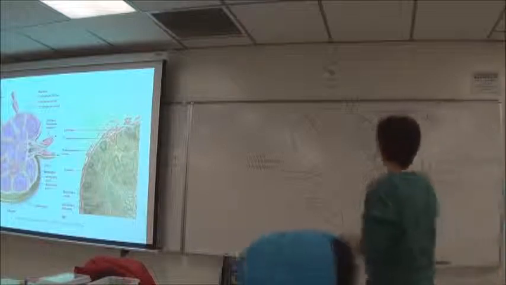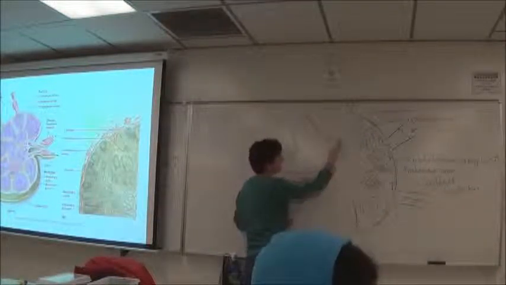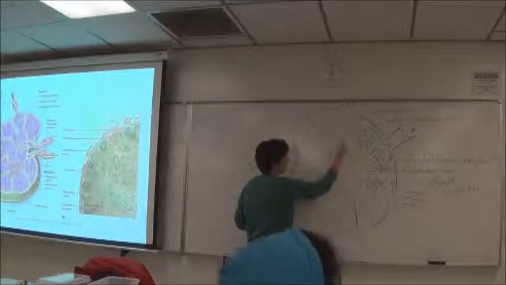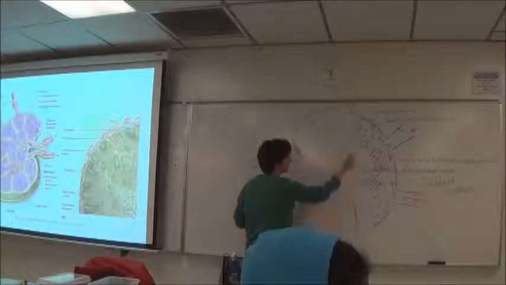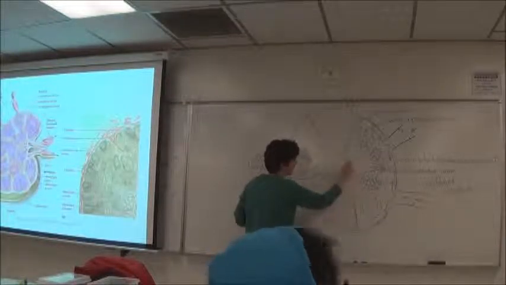Once it passes through the cortex, it enters the medulla. And now our lymphocytes are organized more into columns rather than spheres.